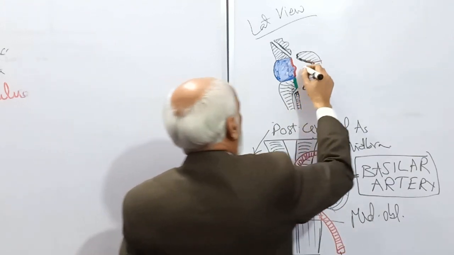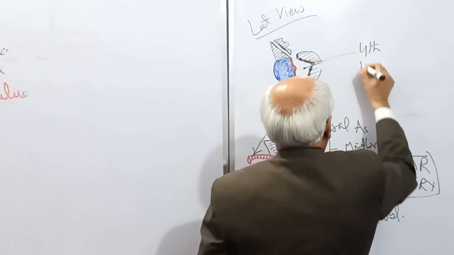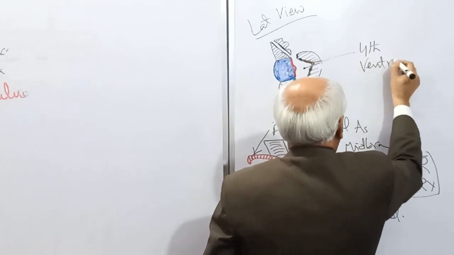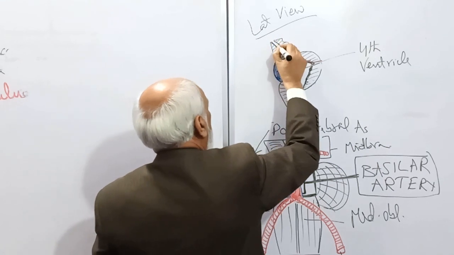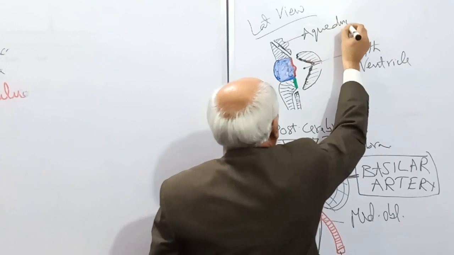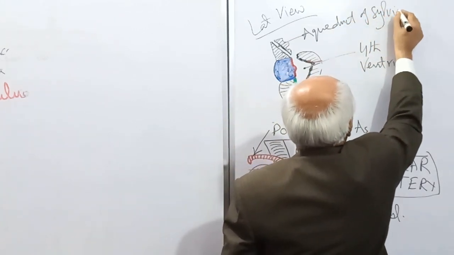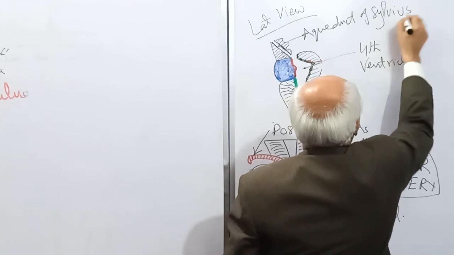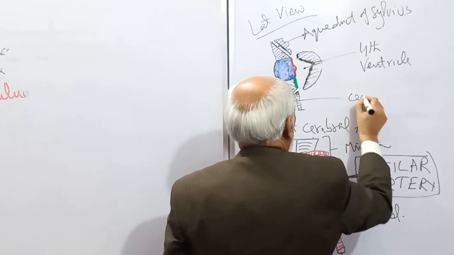Now you can see this is the cavity of the fourth ventricle, and this is the aqueduct of Sylvius. And this is the central canal of the medulla oblongata.